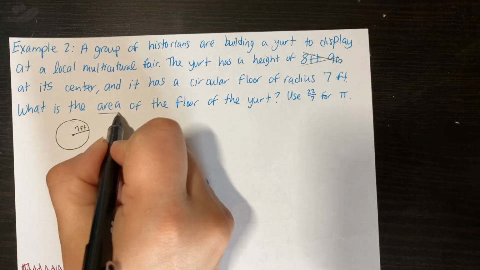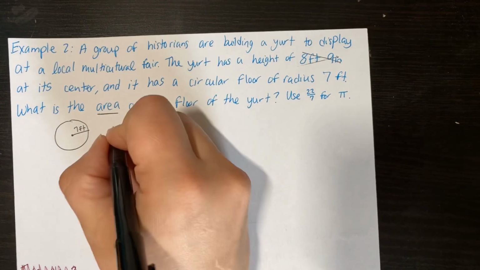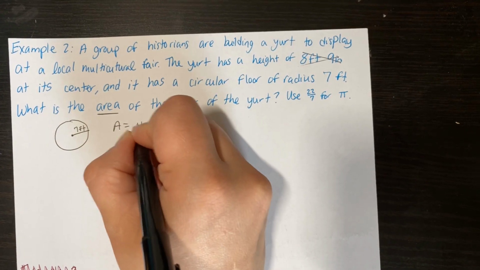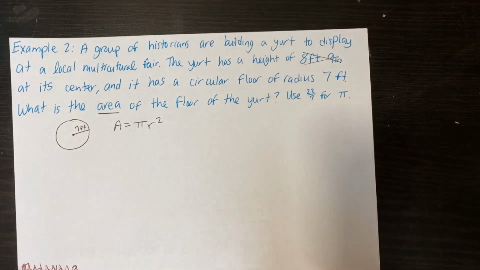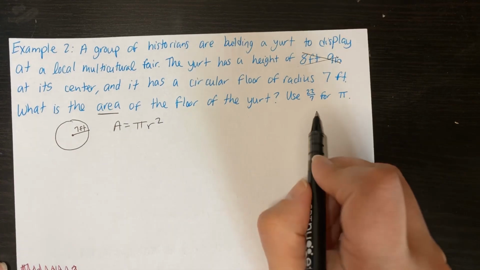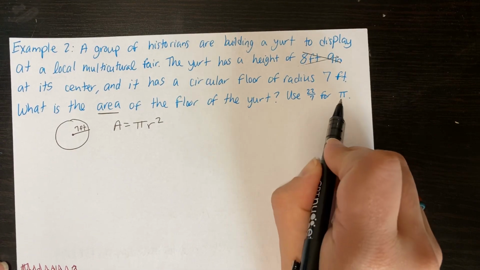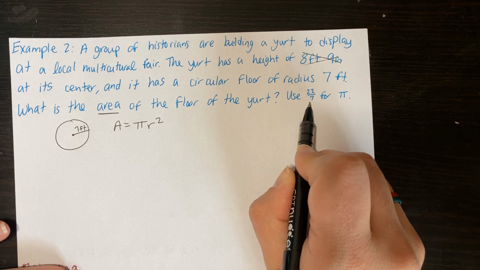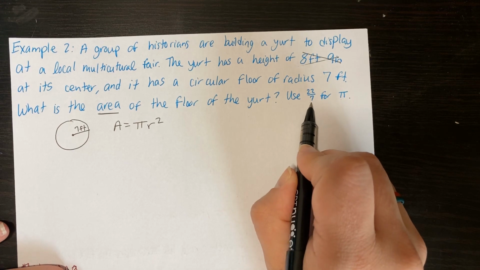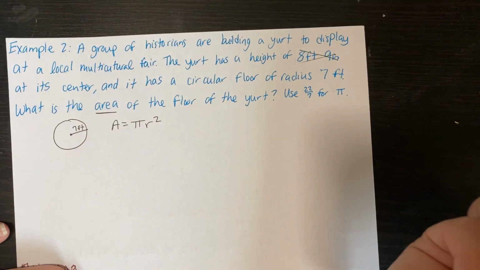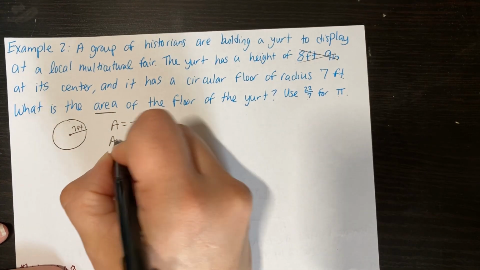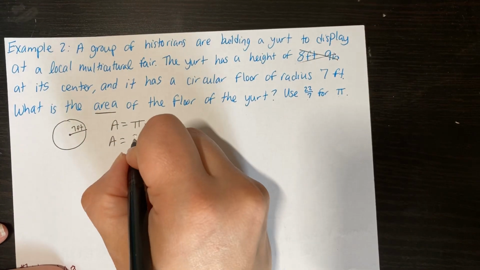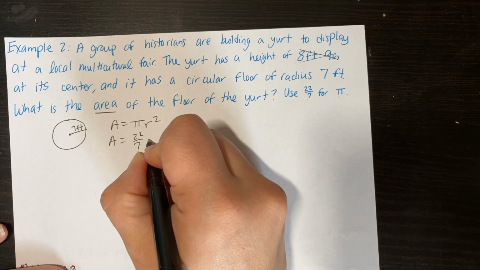It wants us to find area. So we know that area equals pi r squared. Sweet. This time, instead of 3.14, we're going to use 22 over 7, another common fraction for pi. So we are going to plug in for pi, 22 over 7.